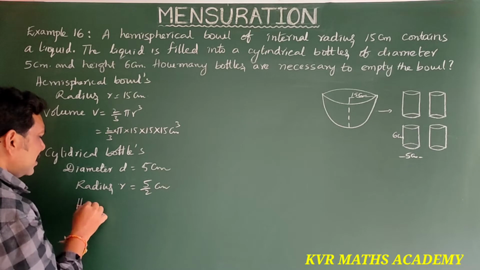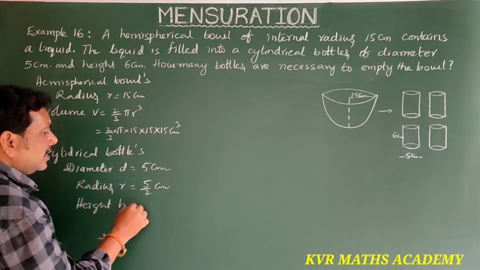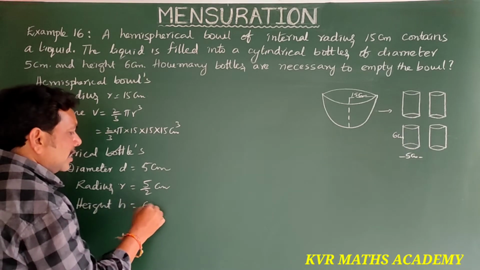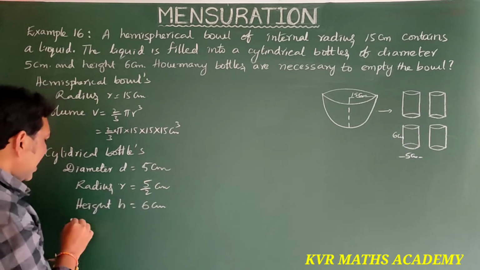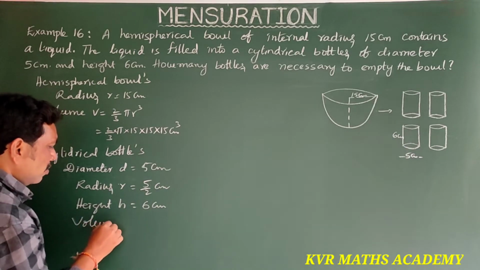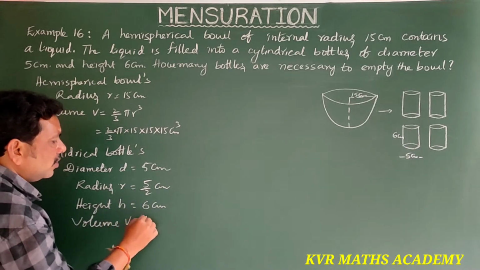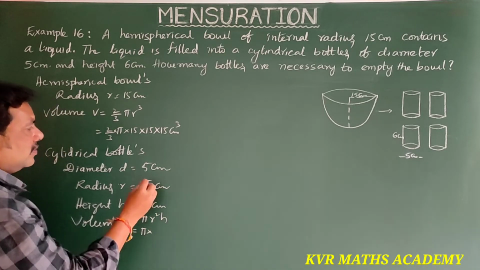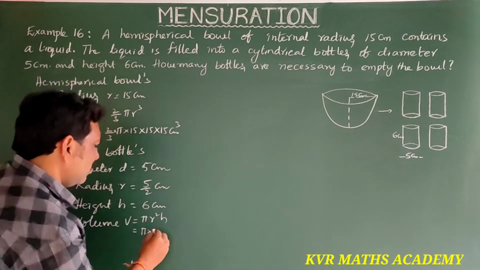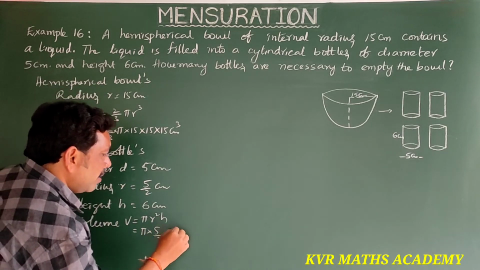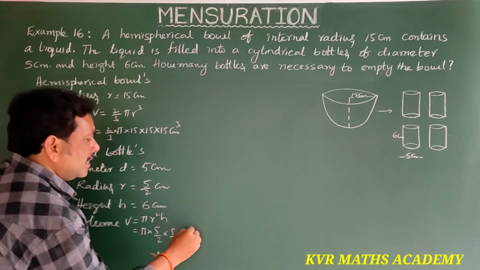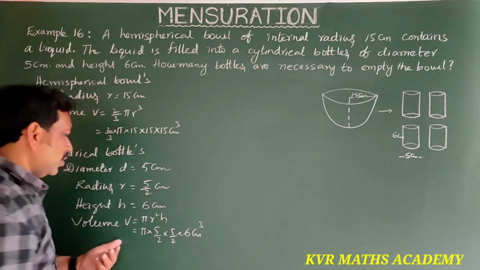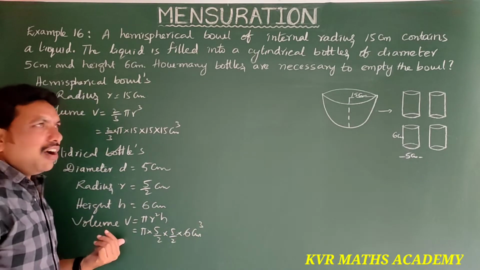Next, its height H is equal to 6 centimeters, also given. Next, its volume, what is the formula? V is equal to pi r square H. So, pi into 5 by 2 into 5 by 2 into 6 centimeter cube, because it is volume.